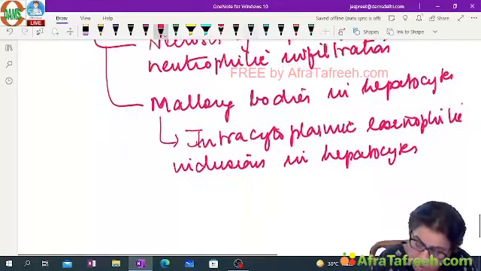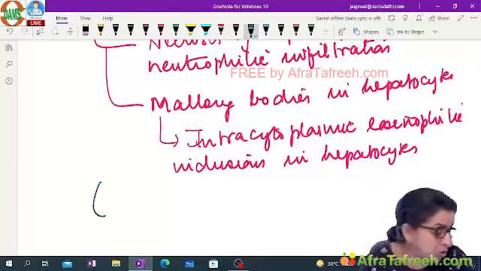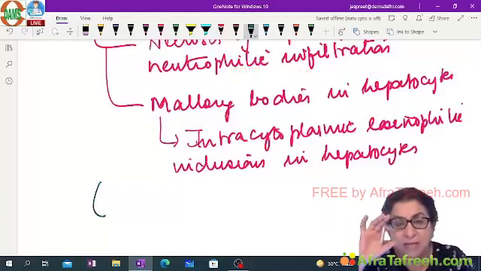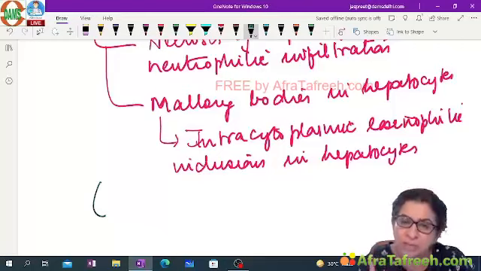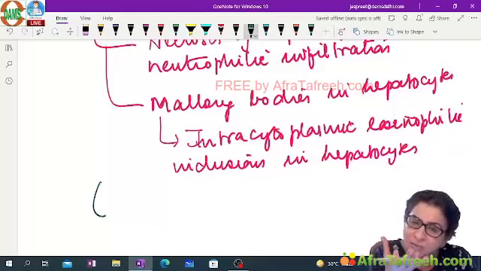And very important, you are asked sometimes, what are they composed of? They are composed of, alcohol has damaged the keratin filaments, cytokeratin filaments. Cytokeratin is an intermediate filament found in all our cells. So hepatocytes also have cytokeratin filaments. Now they are found in the cytoplasm.